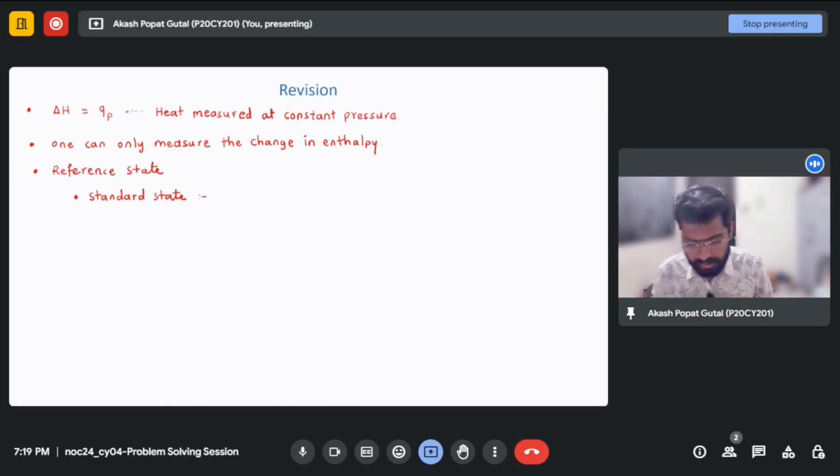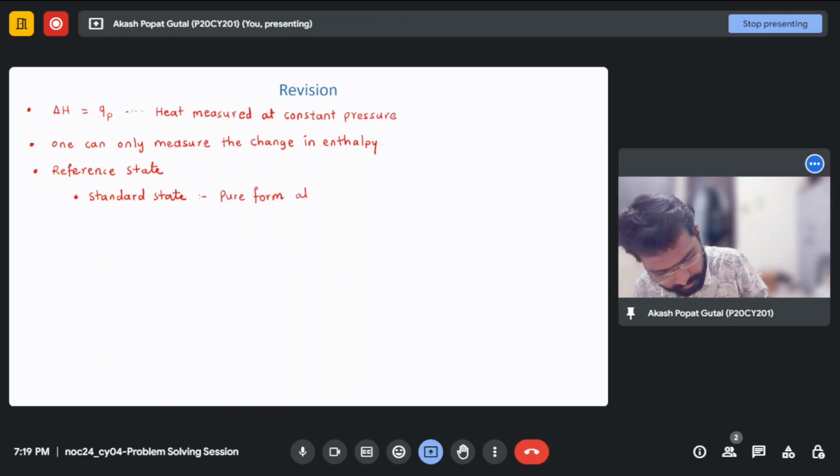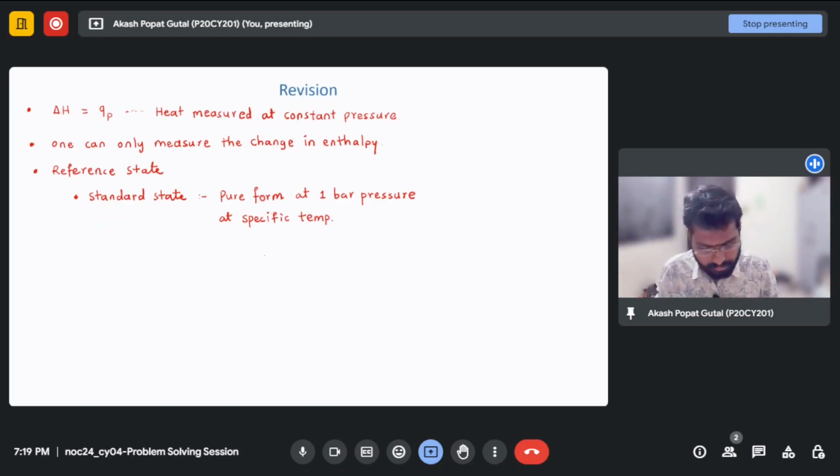So any substance in its pure form at 1 bar pressure and at a specific temperature is termed as the standard state.